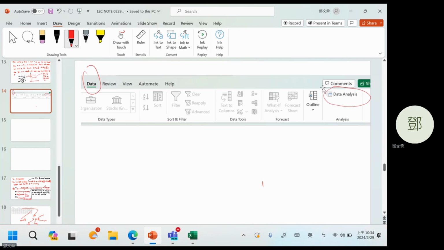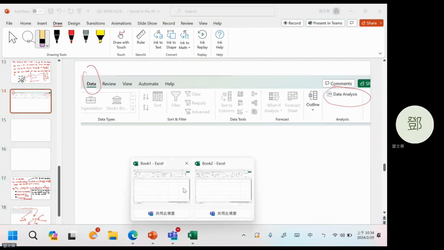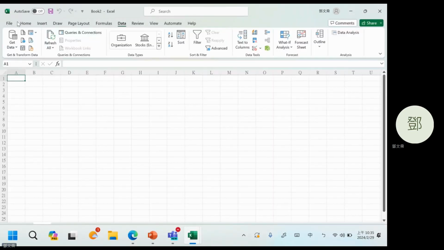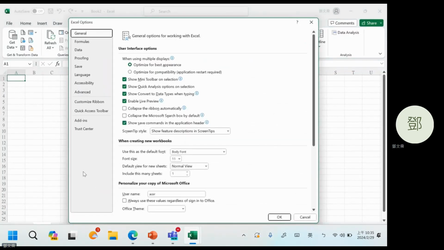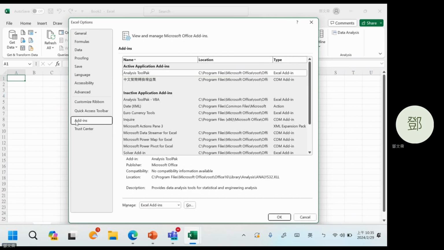If you open Microsoft Excel and you don't see this, then you have to add it manually yourself. How to add? Click the File icon, go to More on the bottom left, then Options, then Add-ins.